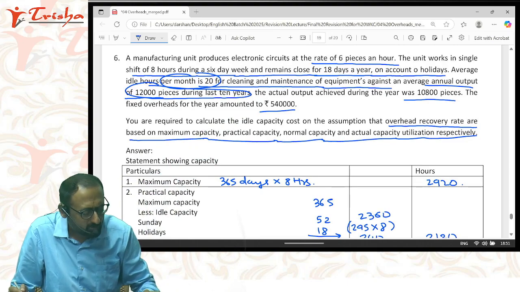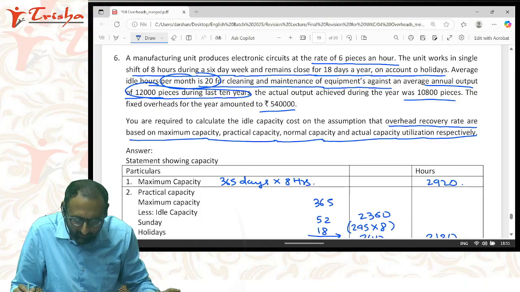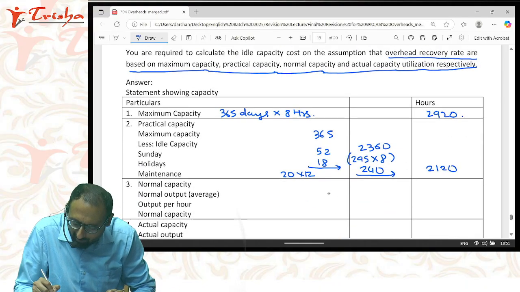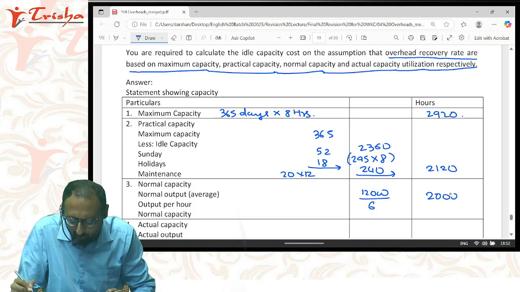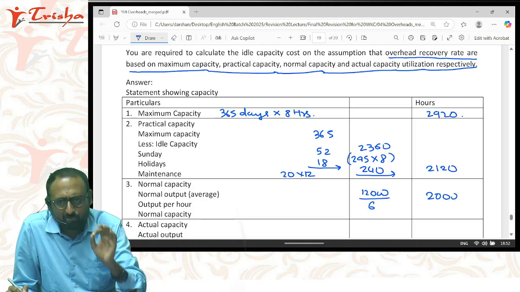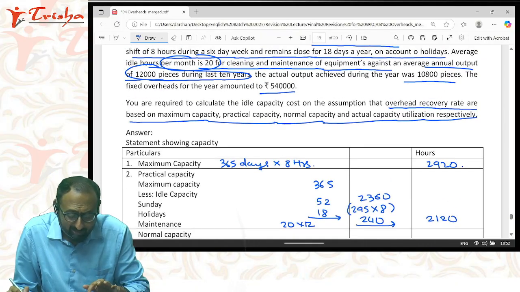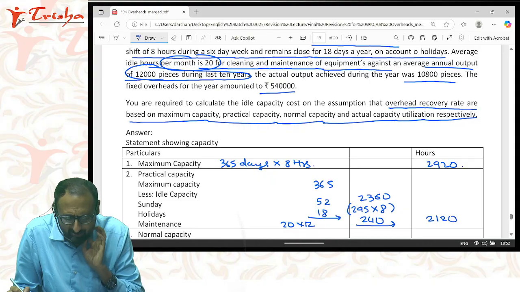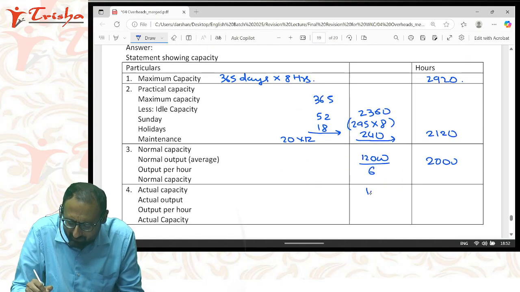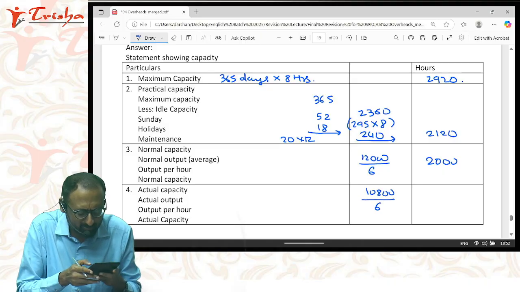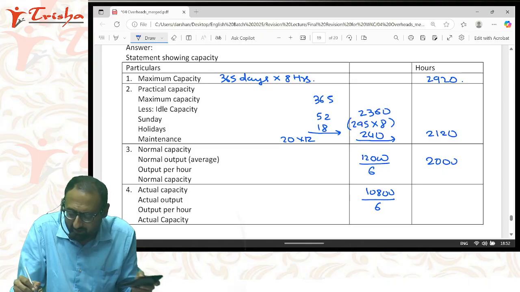So 12,000 pieces divided by 6 pieces, 2,000 will be your normal capacity. Actual capacity is capacity which is utilized for actual production. Actual production is 10,800 pieces. In 1 hour you produce 6 pieces. So 10,800 divided by 6 is 1,800.